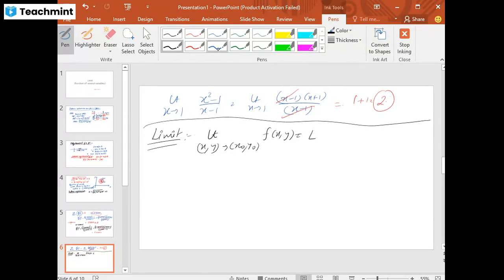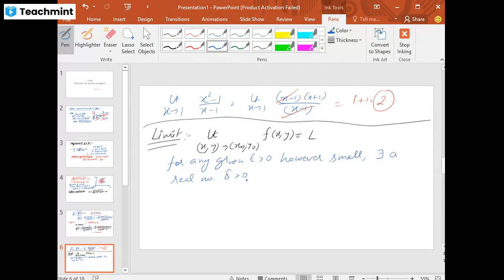Okay. So we can define it in this way: for any given epsilon greater than 0, however small, there exists a real number delta greater than 0.